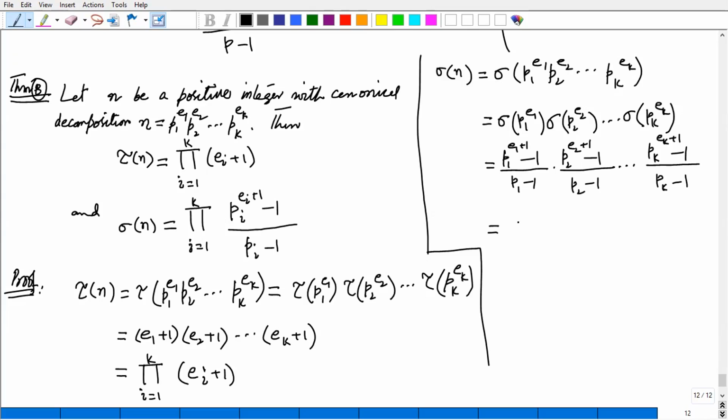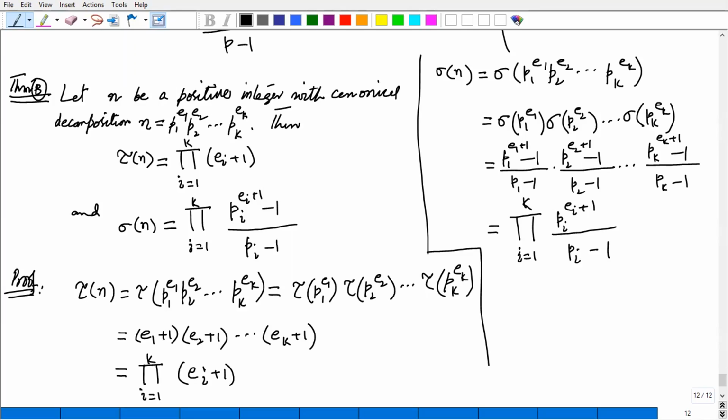This can also be written in product form, i from 1 to k, of (pi to the power ei plus 1 minus 1) over (pi minus 1). Okay, so that's the proof of the result.